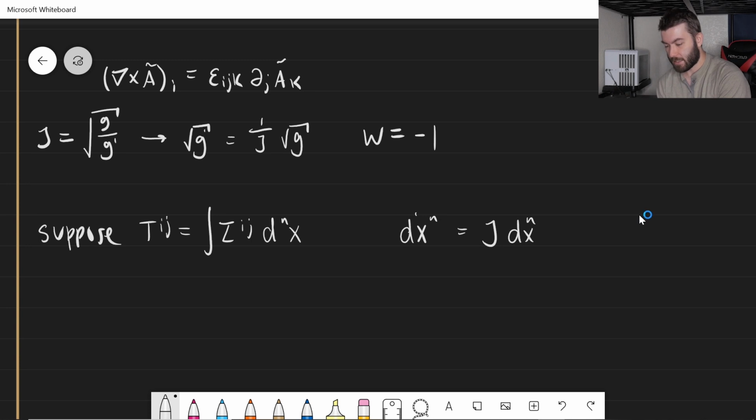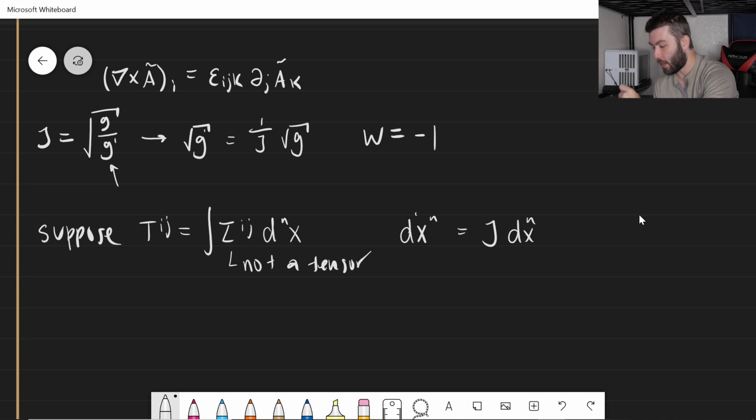So since this is not scalar, the object that's inside of the integral must also not be a tensor in order for the combination of them to have a chance at becoming a tensor. So in this case, tau ij is not a tensor, it's a tensor density. But say we're going from Cartesian to spherical coordinates or something, or Cartesian to something else.